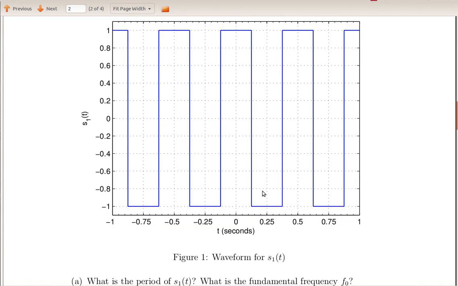Okay, so the period is the duration by which the signal will repeat itself, and basically if I was to set my reference at t equals 0, notice that it repeats itself after 0.5 seconds. So here the period is 0.5.